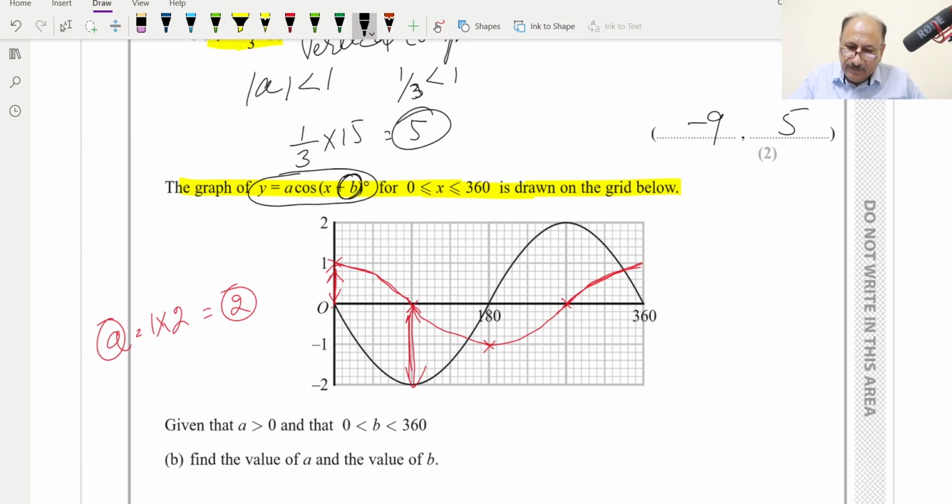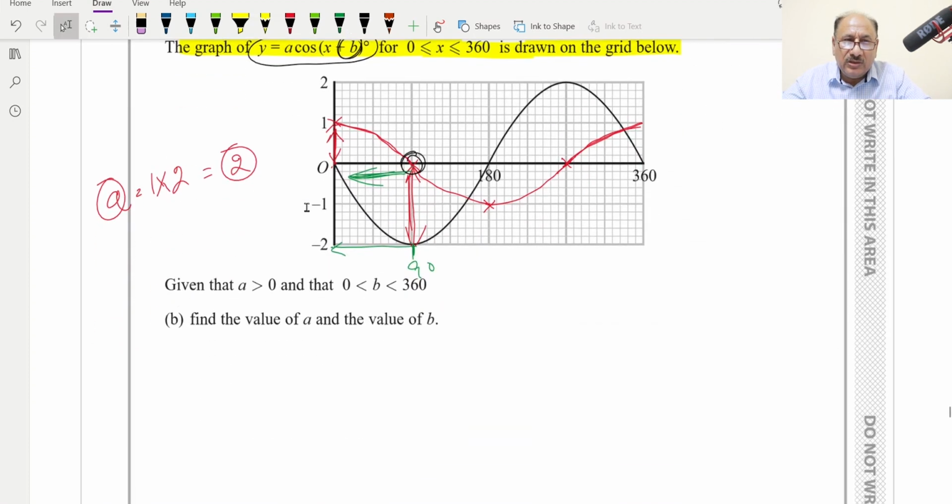Now the b value will be giving us the movement. If you check, this 0 is moving to the left, and by how many degrees? This one is 90 degrees, and this is moving to this new location, so it is 90 degrees left.